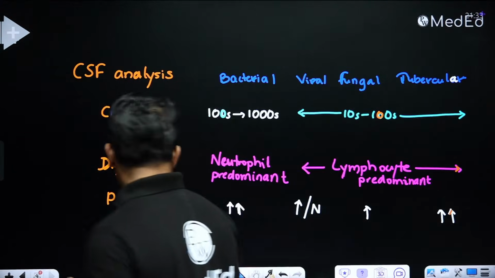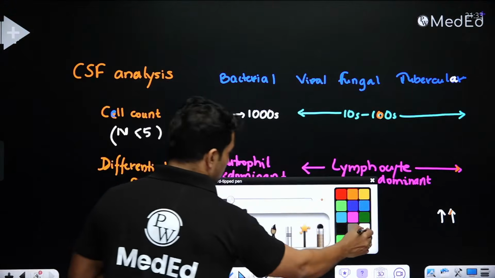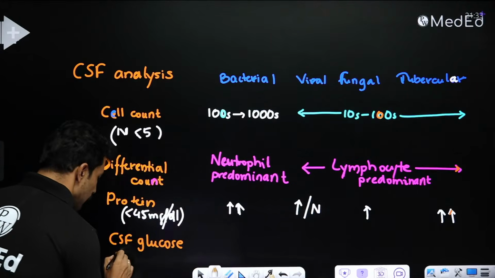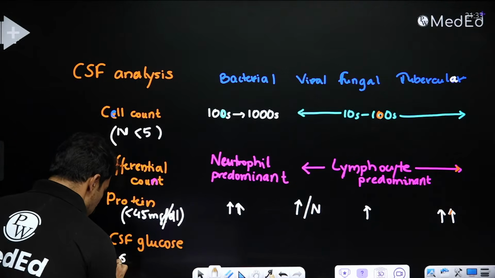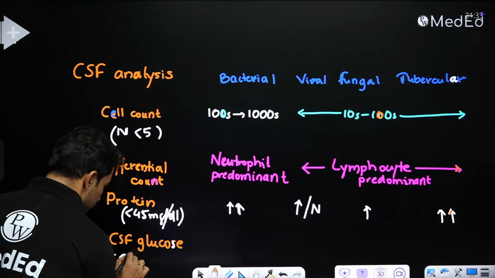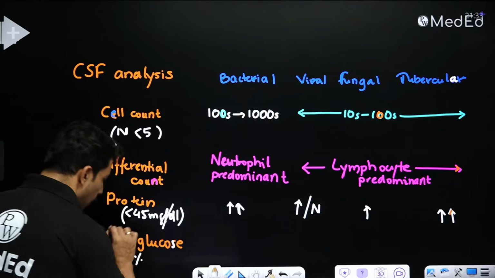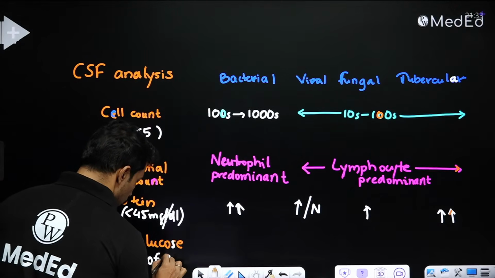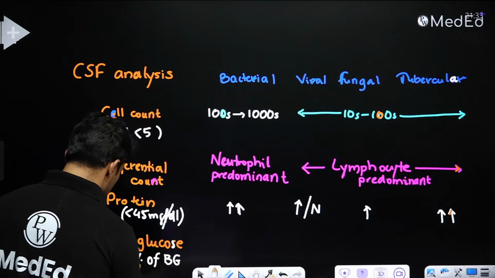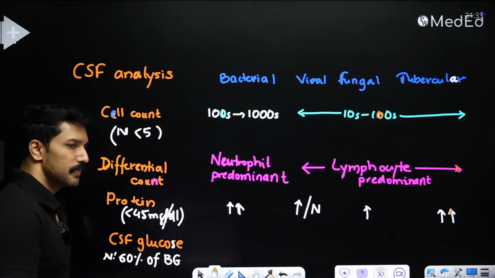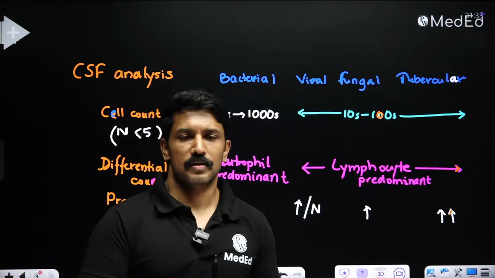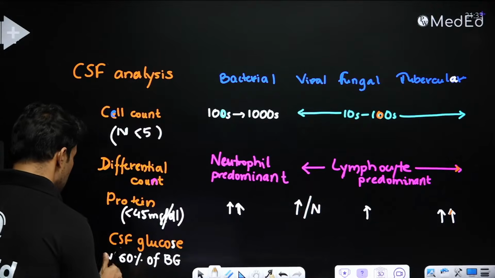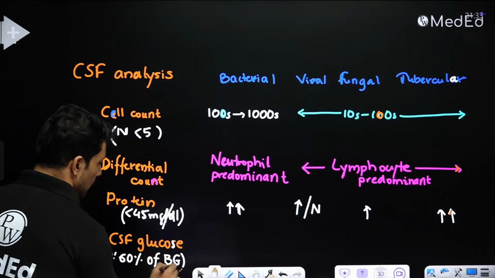If the patient's blood glucose is already high, then CSF glucose is expected to be proportionately high. So it is normally 2/3 or 60% of blood glucose.